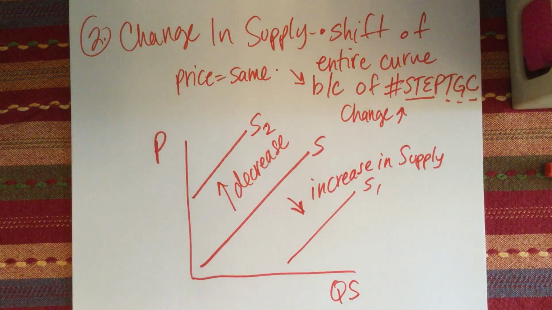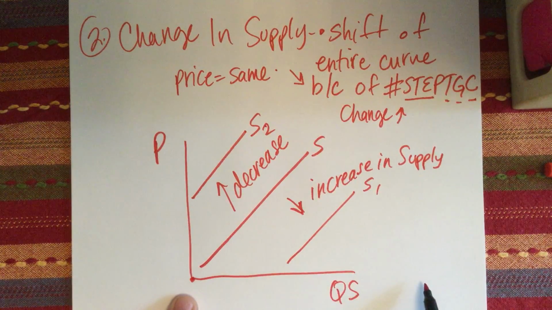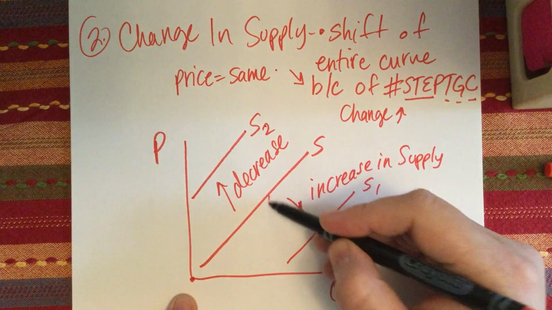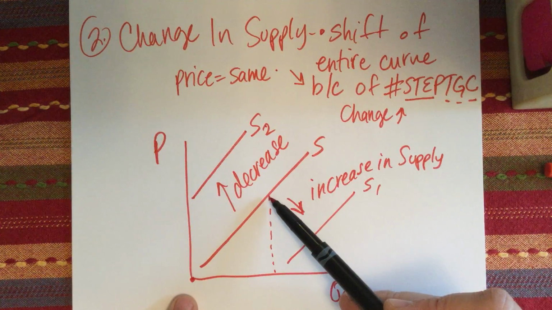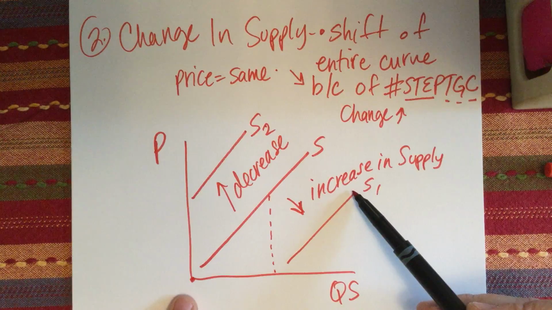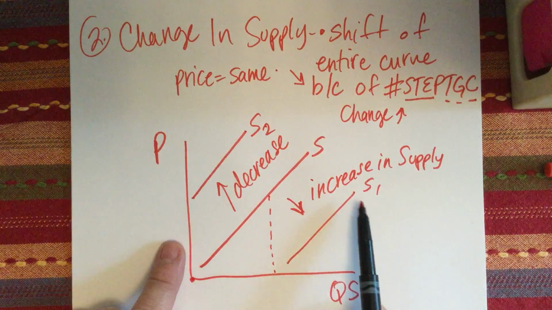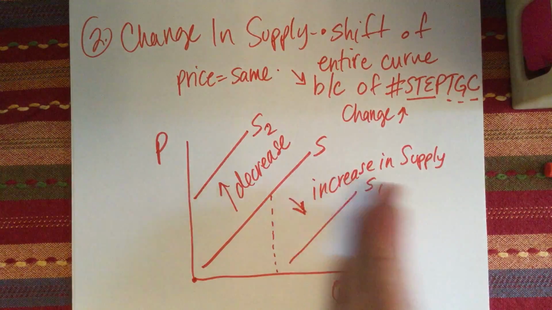In terms of quantity, and we're looking in terms of the x-axis from 0 to infinity, if we are at this point in terms of quantity on this original supply curve, if we supply more to the market at that same price, then an increase in the quantity at each and every price is going to be a shift to the right.